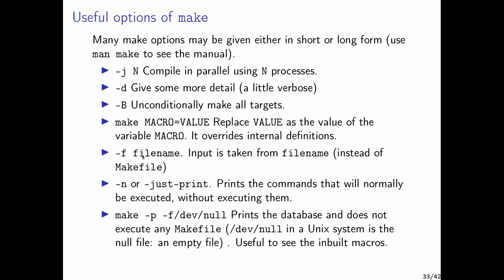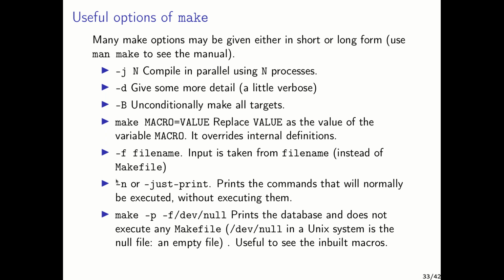You can specify a file different from makefile with the option -f, so the file doesn't need to be called makefile. Makefile can have uppercase M or lowercase m, it is the same. So the standard file is called makefile, but you can specify that you want another makefile. -n, also --just-print, prints the commands that would normally be executed without executing them.